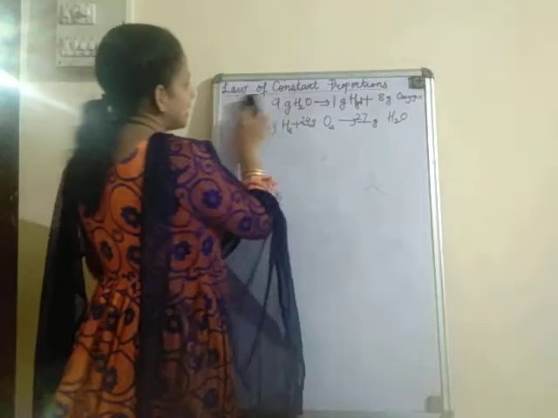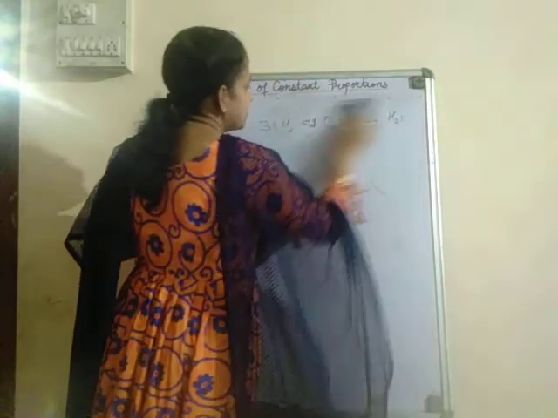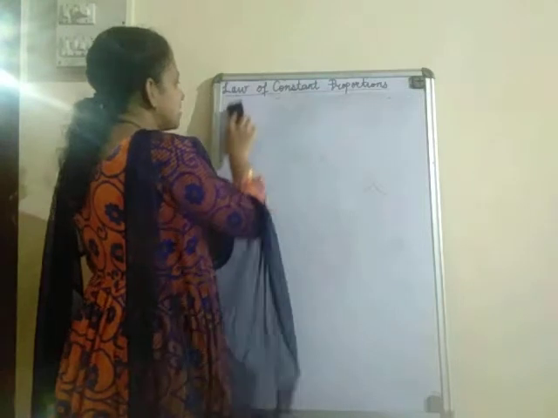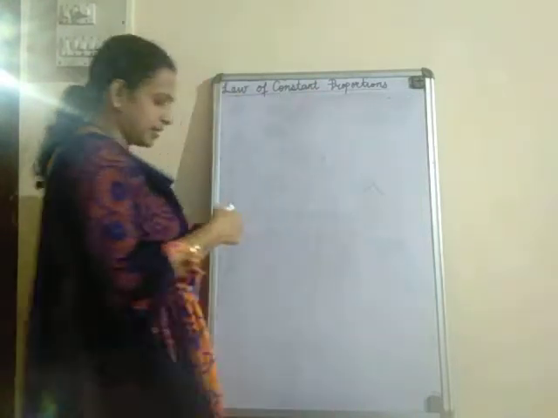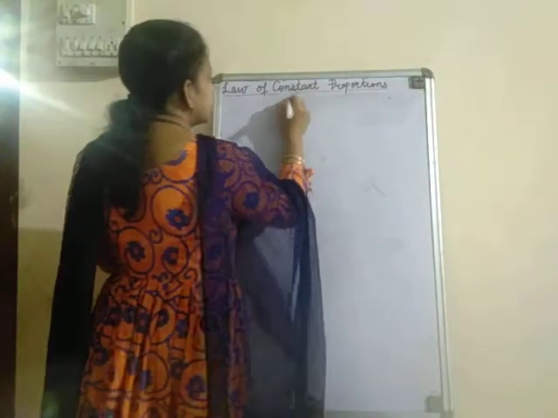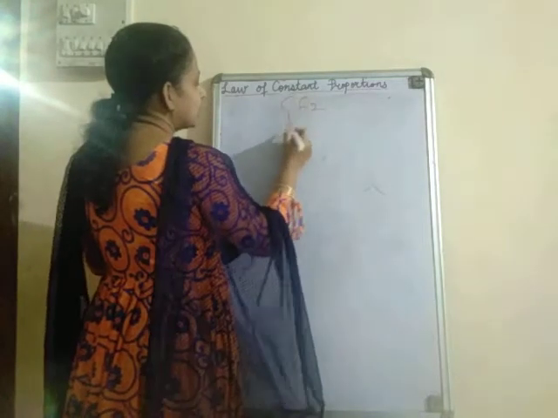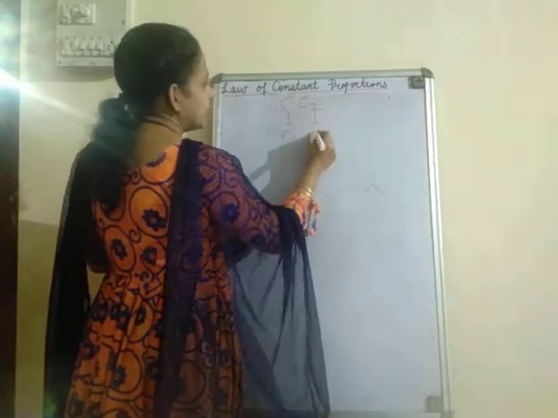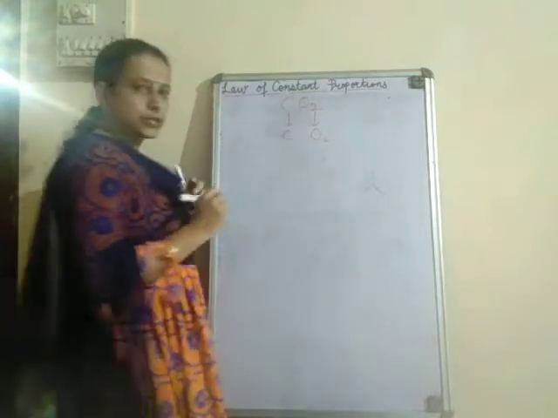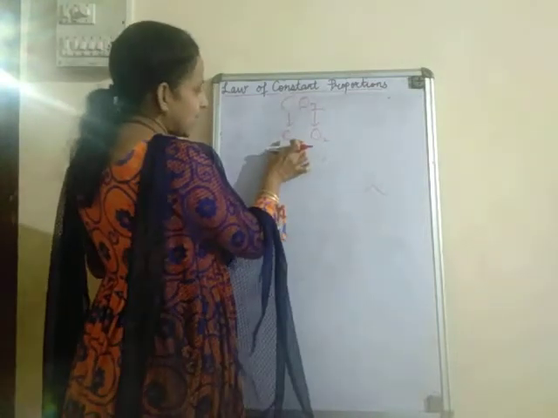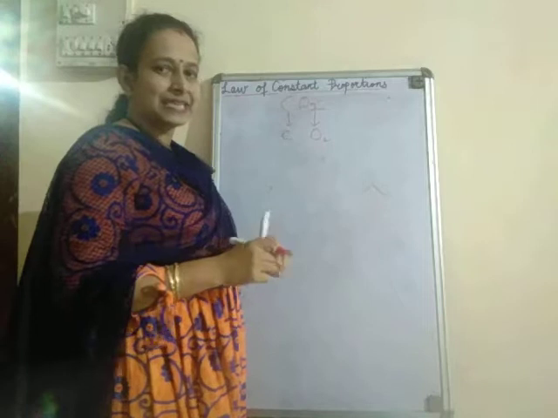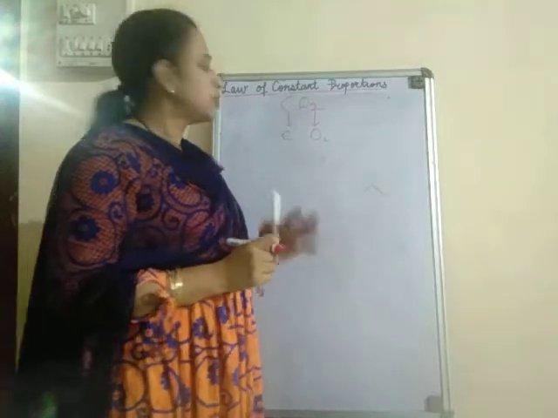So let me take another example, that is carbon dioxide, and let us see what is the proportion of carbon dioxide. Carbon dioxide consists of 1 atom of carbon and 2 atoms of oxygen, correct? So 1 atom of carbon has 6 protons and 6 neutrons.